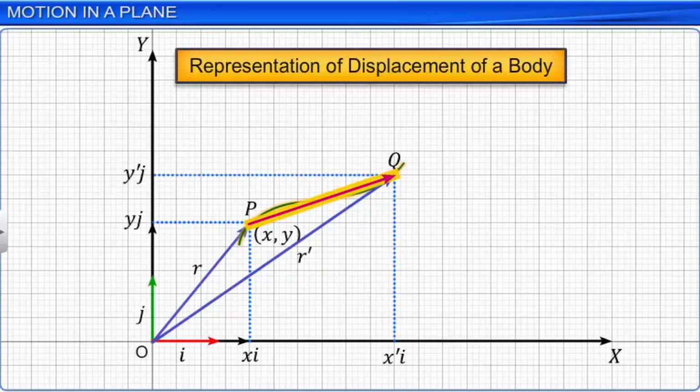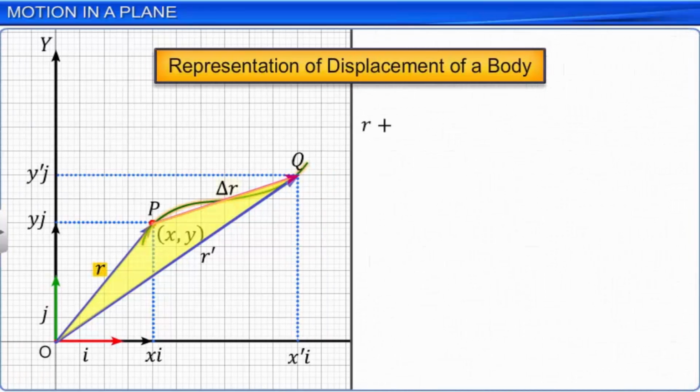From the vector triangle OPQ, we can write r + delta r = r dash. On rearranging, we get delta r = r dash - r. Let this be equation 1. This displacement vector delta r is directed from P to Q, which is represented by the arrowhead.